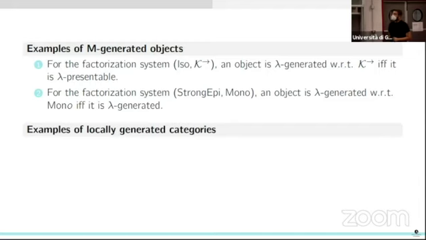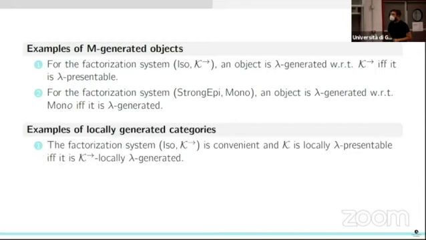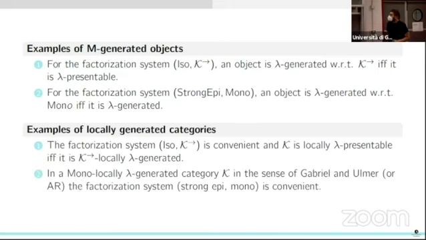In this way, you get precisely locally presentable and also locally generated in the sense of Gabriel and Ulmer. So this notion sounds okay. It at least generalizes what's known. Oh, by the way, notice that this framework instead doesn't generalize this one. So this really encompasses both in the same thing.